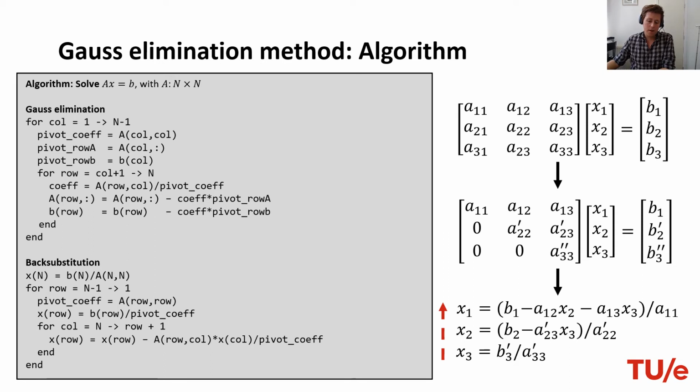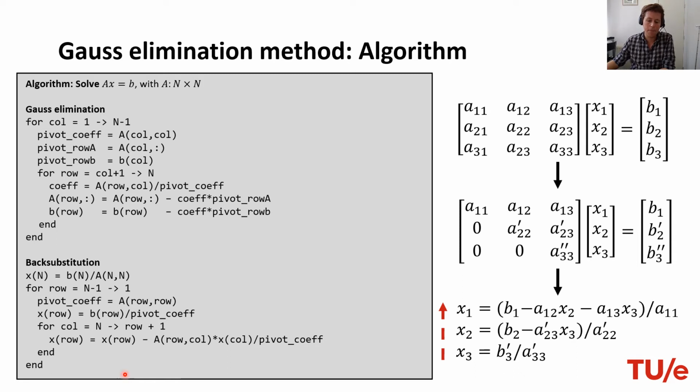Now that we've done an example by hand, let's take a look at how this could be converted into a computer program. Here we see a kind of pseudocode, or almost MATLAB code, for implementing the Gaussian elimination method in a computer.